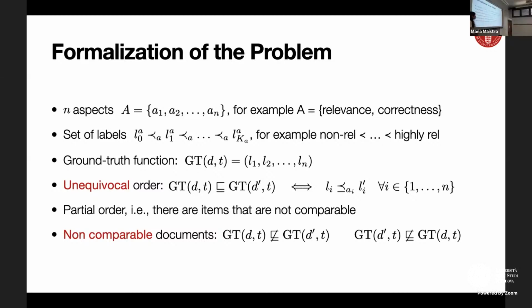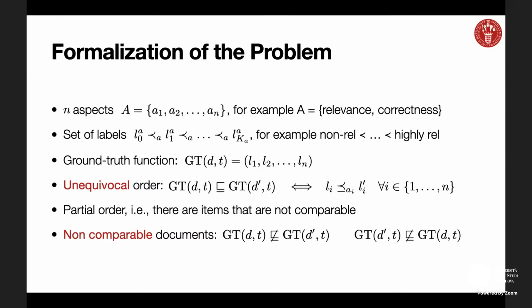Then we also assume that for each document and topic, we have a grading function that, for each document, tells you the label for the first aspect, the second aspect, and so on. And what we call the equivocal order is the same order that I showed you in the previous slide.